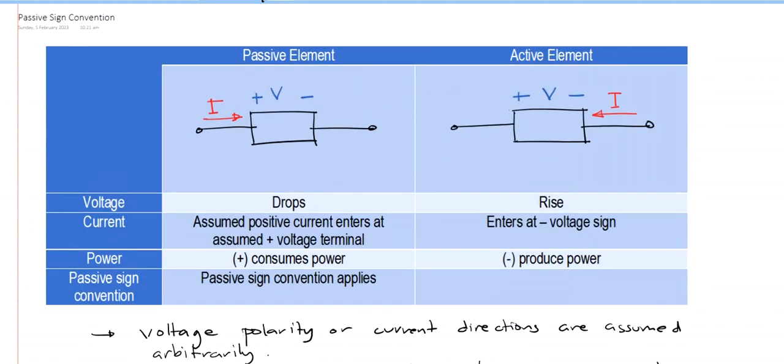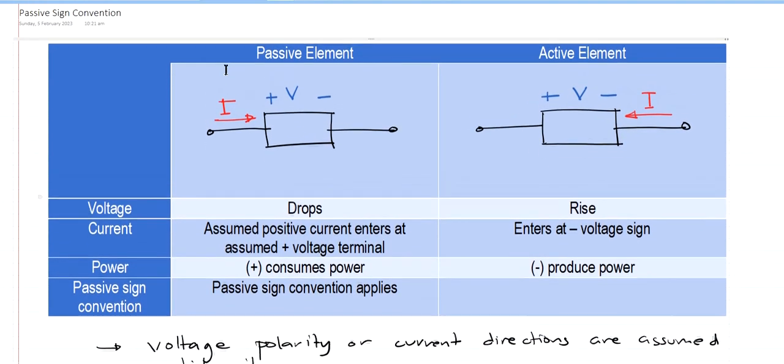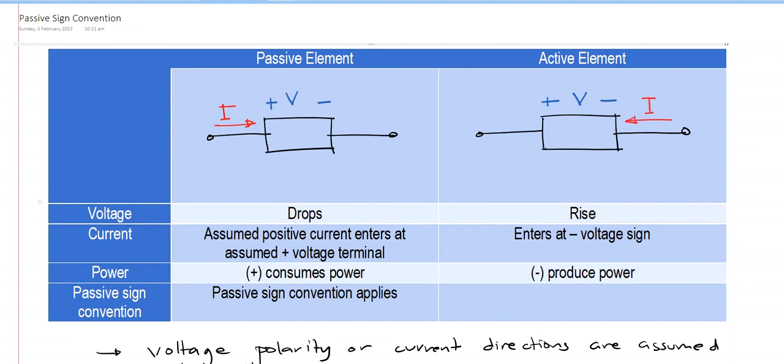Right, so as for the sign convention, we have this term passive sign convention. So the sign convention is based on the passive elements. For passive elements, let's say we have these elements right here.